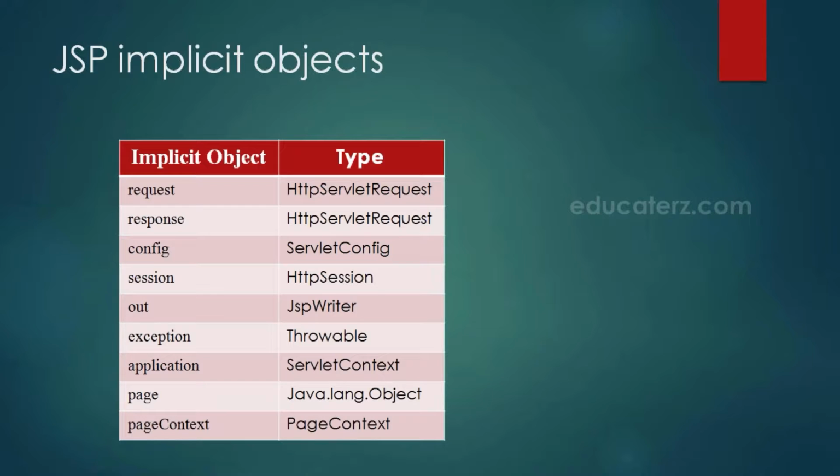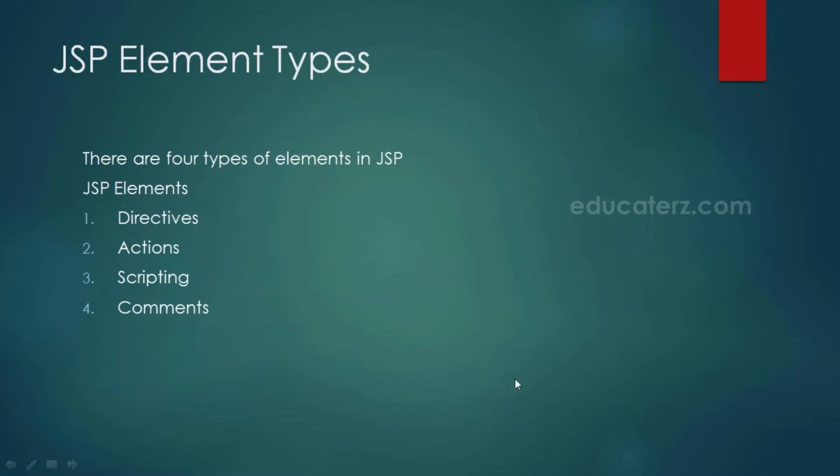Application is another object, used when we want to share data with all the JSPs in the application, of type ServletContext. Page is of type Object, and pageContext, of type PageContext, is mainly used to access the request, response, session, and all the objects in the page.